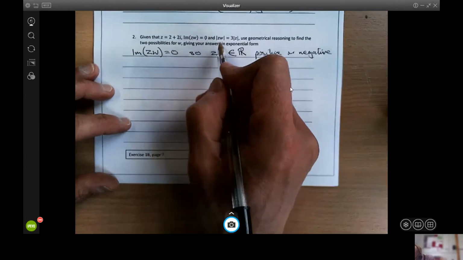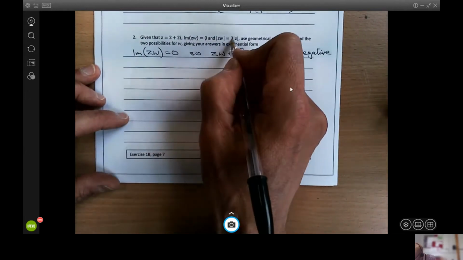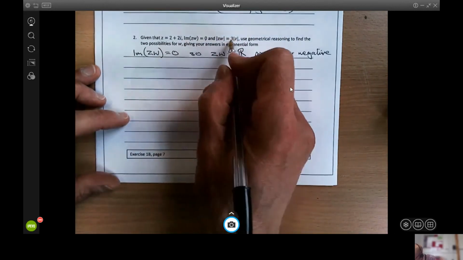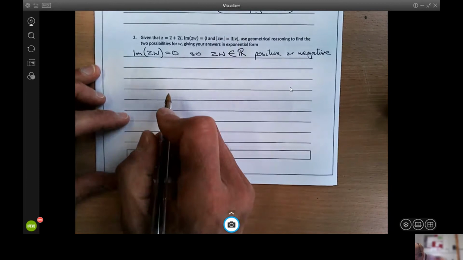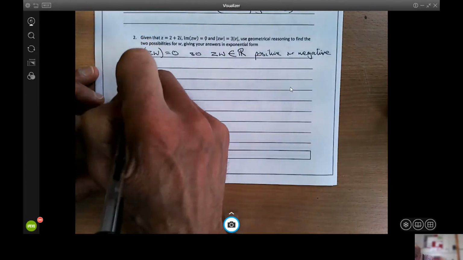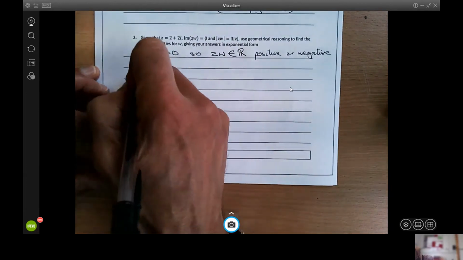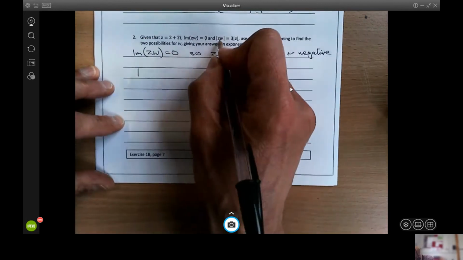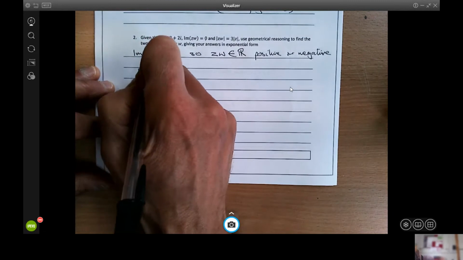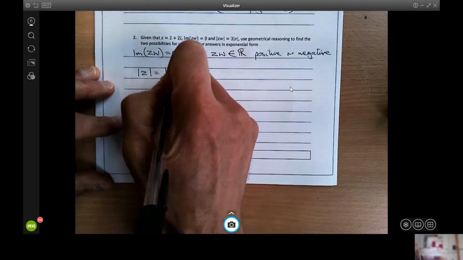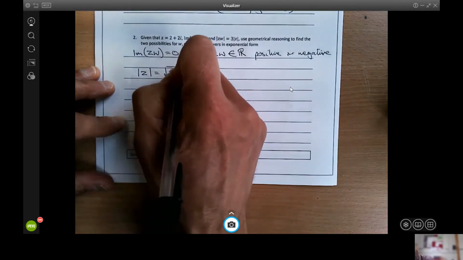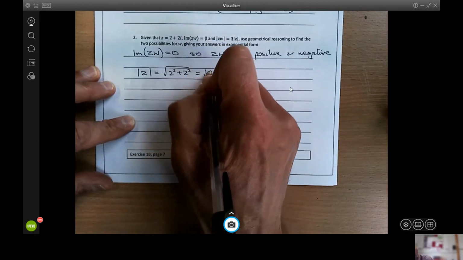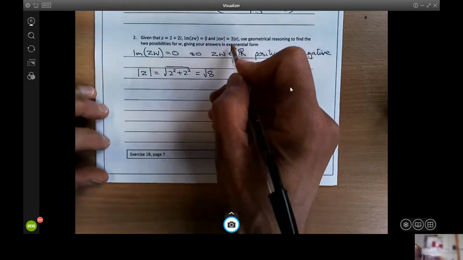Now, we know that the modulus of zw is the modulus of z times the modulus of w, and we can find the modulus of z. So modulus of z is equal to the square root of 2 squared plus 2 squared, so that's root 8. Actually, we don't need that, do we?